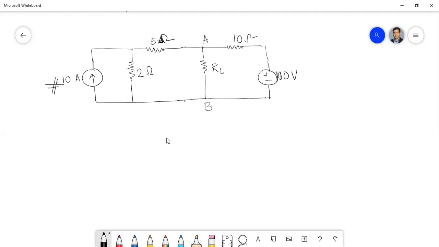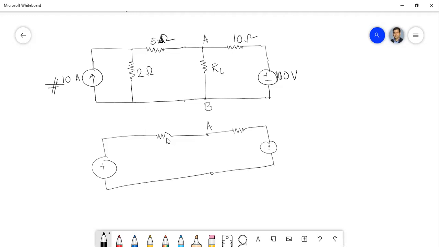Identifying these are the two terminals A and B, you remove RL between AB, and then you calculate. First you remove the resistance from here and try to find out the RThevenin and VThevenin.